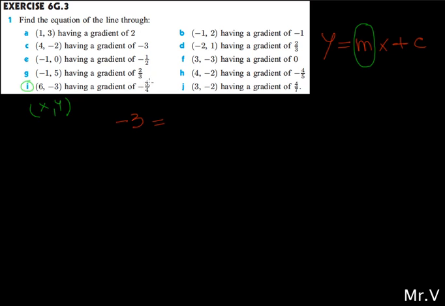My slope they're giving us here is -3 over 4, and x is the x from the point, and in this case it's 6, plus what I don't know, that is the y-intercept.